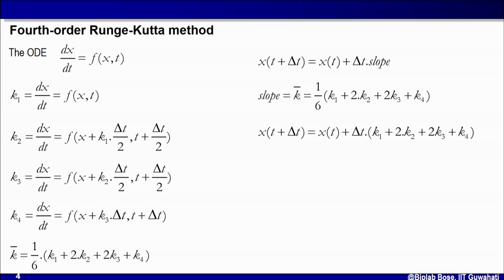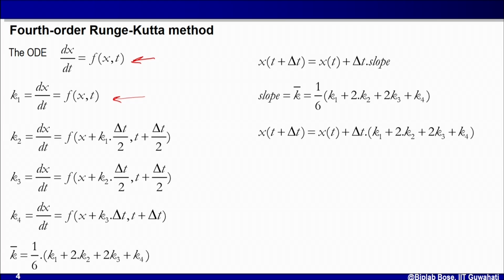So if I brief what we are doing here, you have an ordinary differential equation given first, which is the generalized form I have written, dx dt is a function of x and t. I calculate first the first slope k1 using the same Euler's method. K1 is dx dt, which is a function of x and t.